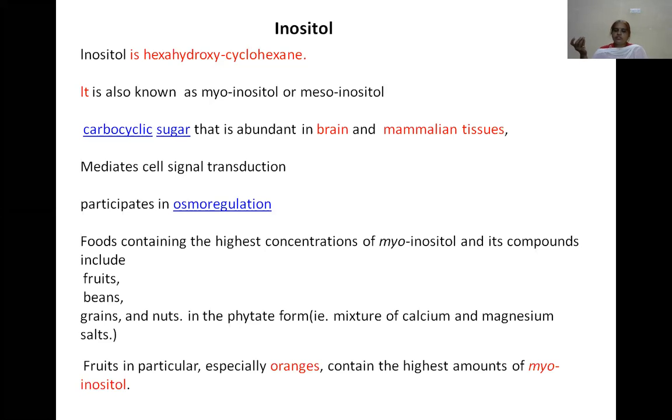It is available in fruits, grains, and nuts in the form of phytate, a mixture of calcium and magnesium salts. Especially orange fruit contains the highest amount of myo-inositol.